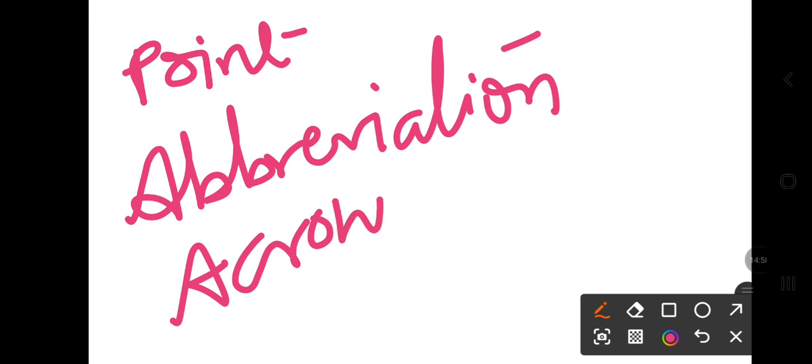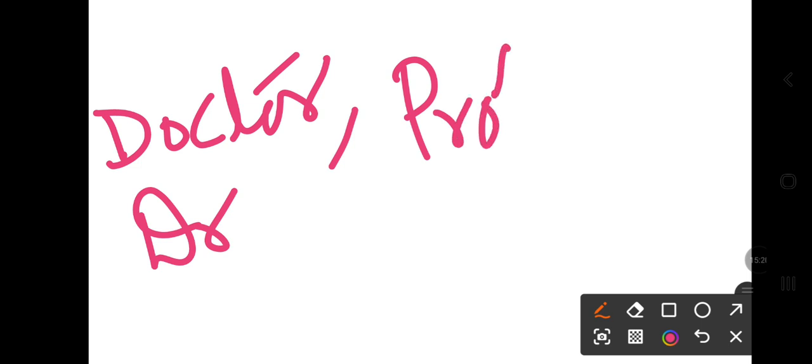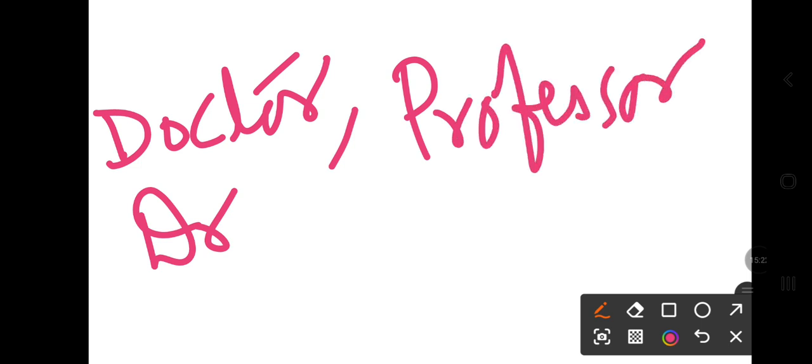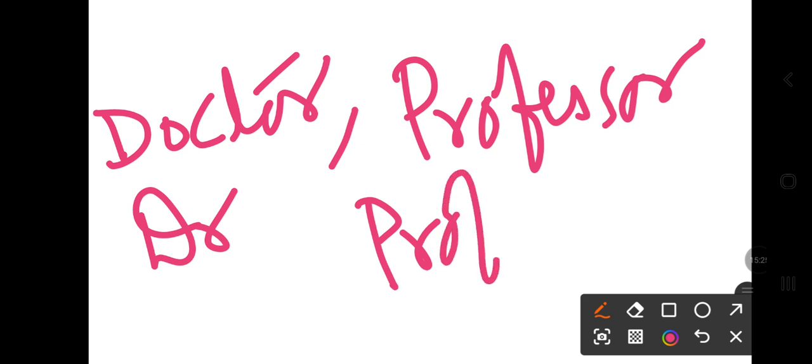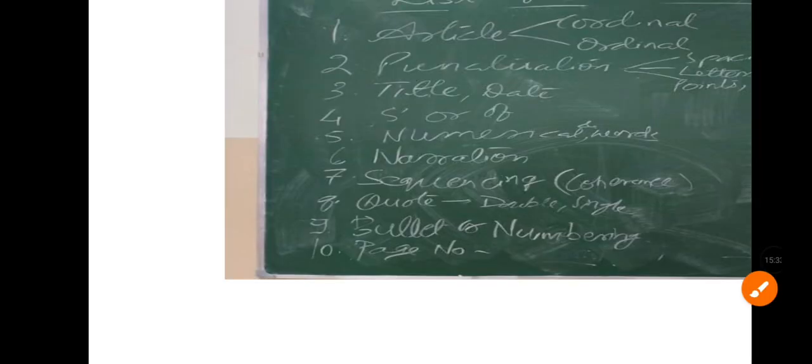For abbreviation, when the spelling ends with the same letter, like doctor, no dot is required. But when the short abbreviation is cut in half, like prof, then a dot is required. This is the rule for abbreviation, right? That I discussed in the class.